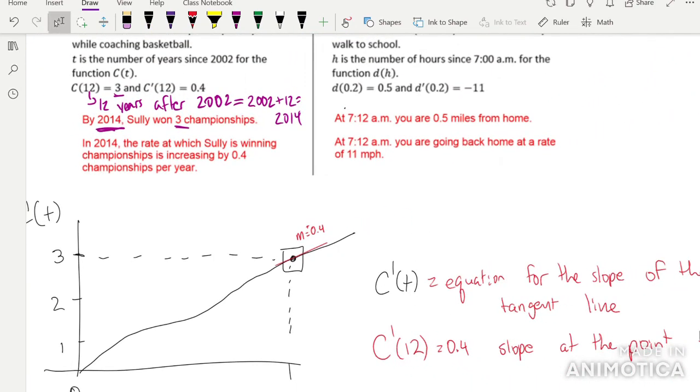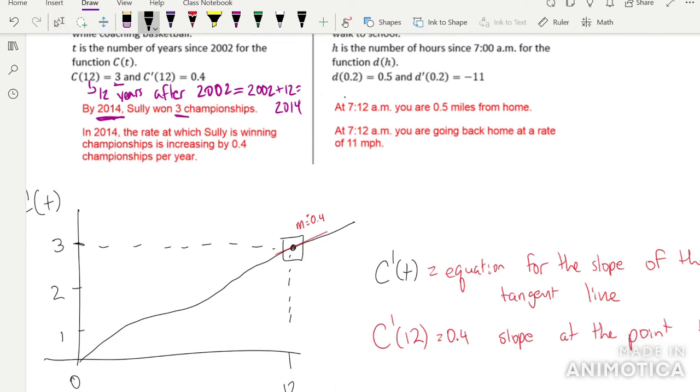Now we have to take a look at the units. We have championships as our y, and we have time per year.